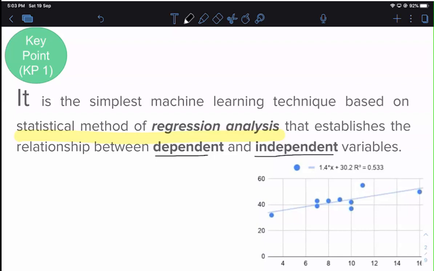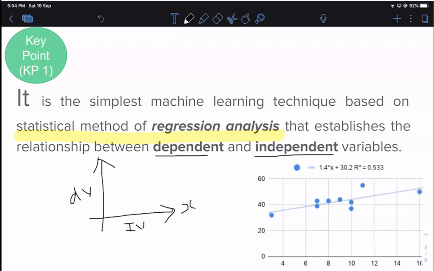In the previous unit, we saw that a data set consists of two different types of variables called dependent variable and independent variable. Typically, the independent variables are taken on the x-axis and the dependent variable on the y-axis.